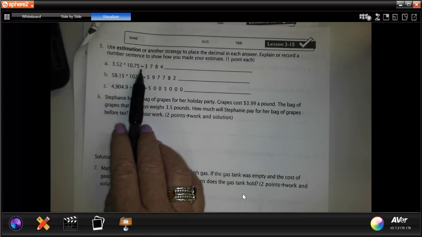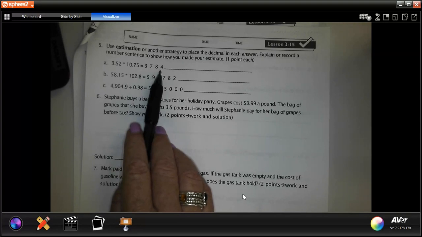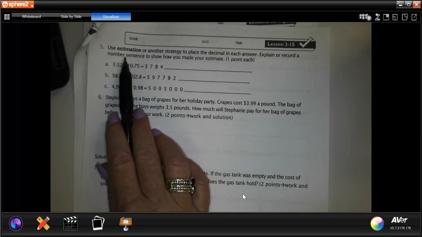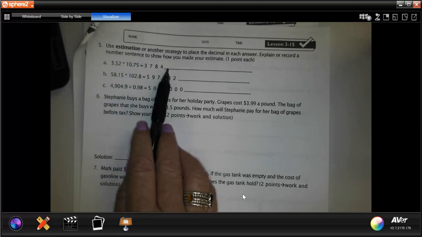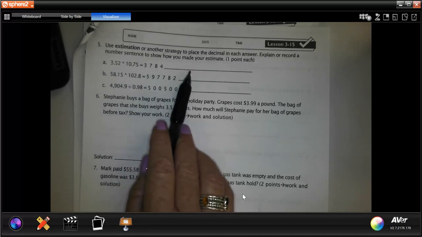They said equals these numbers, which is true, but you have to place the decimal in the correct place. 3784. Find the decimal place by using estimation, remember, or any other strategy to get the correct decimal place value here. Make sure you show what you did.